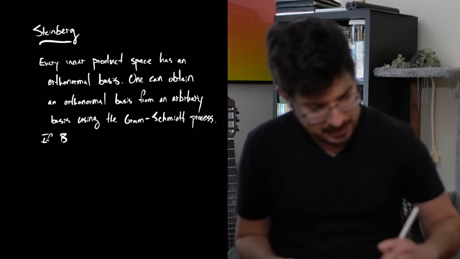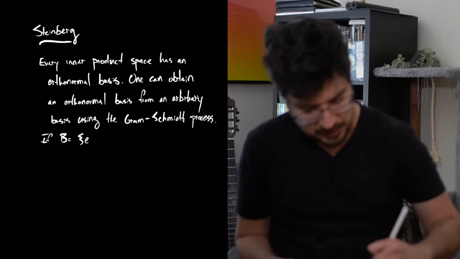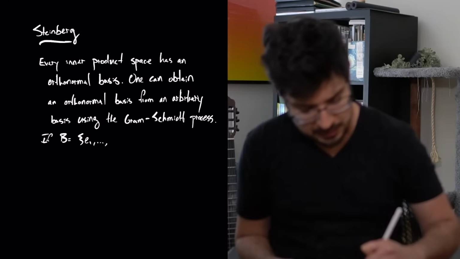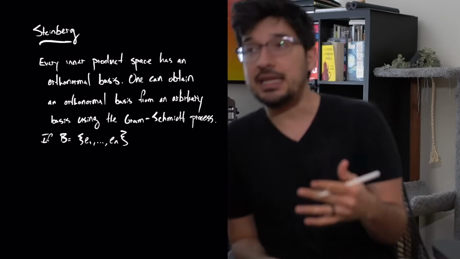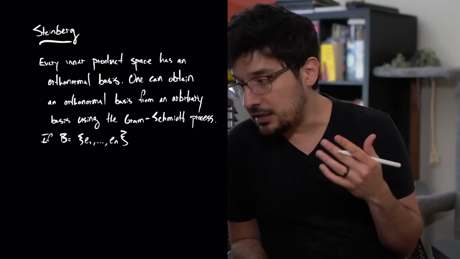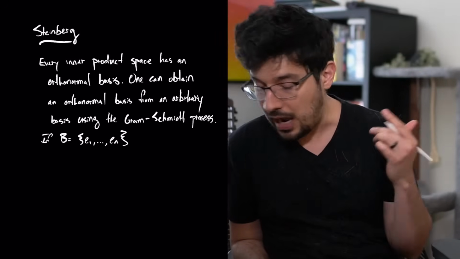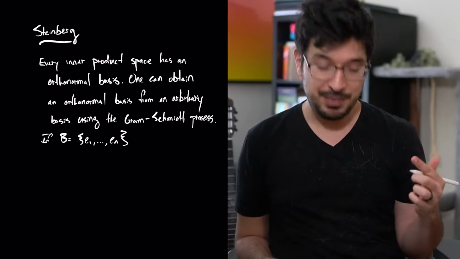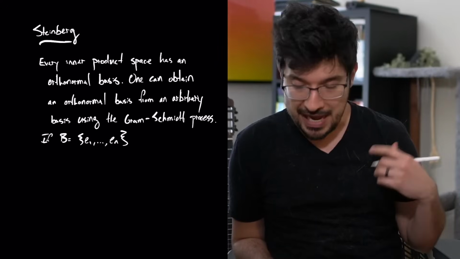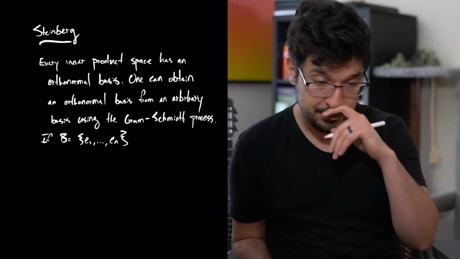If B equals E1 through En, so he uses Ei to mean orthonormal basis, so I will start doing the same thing. But he also used capital B for this basis.